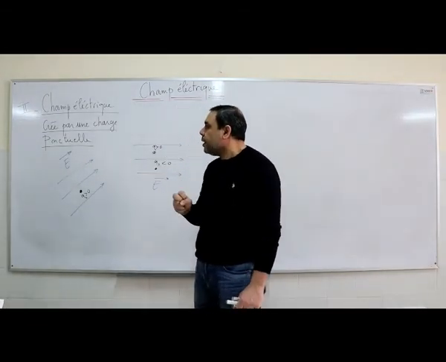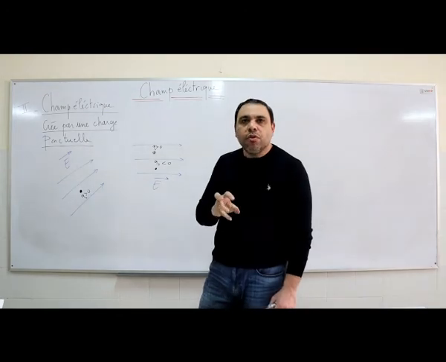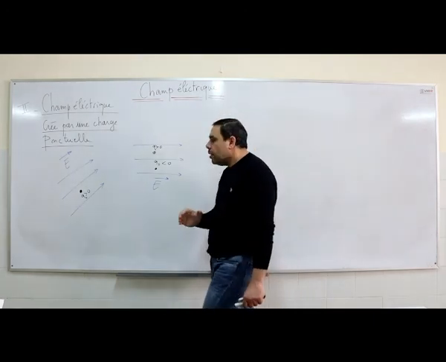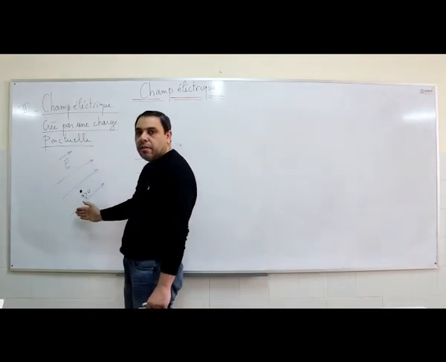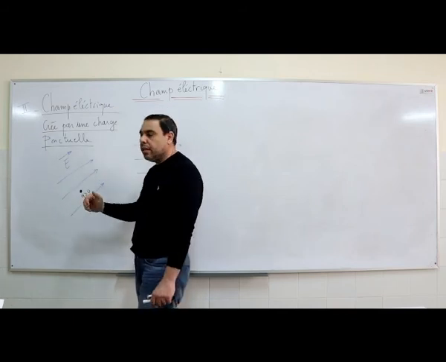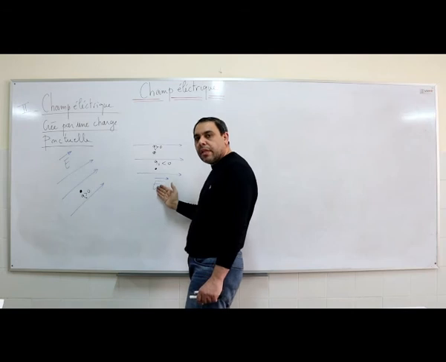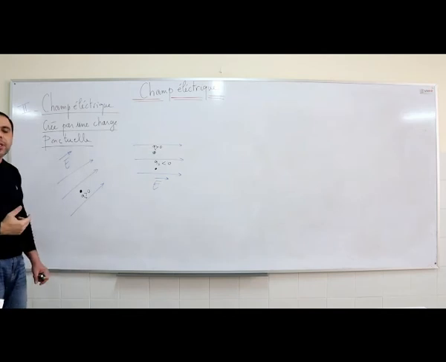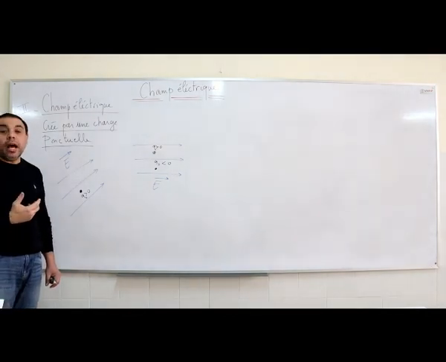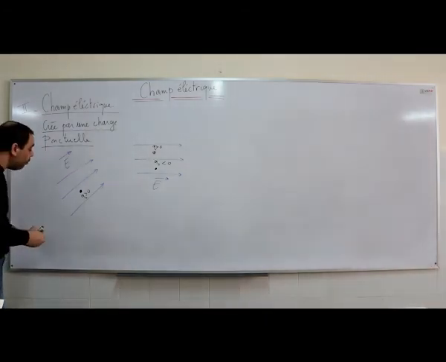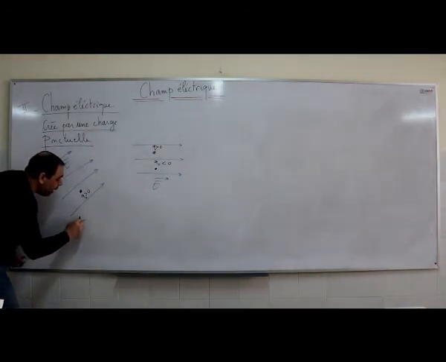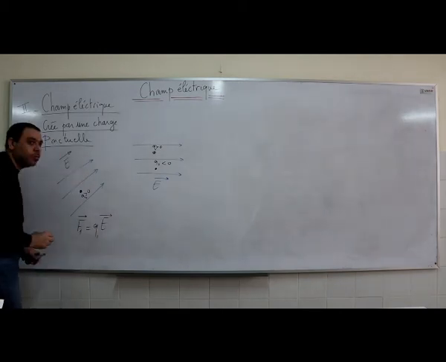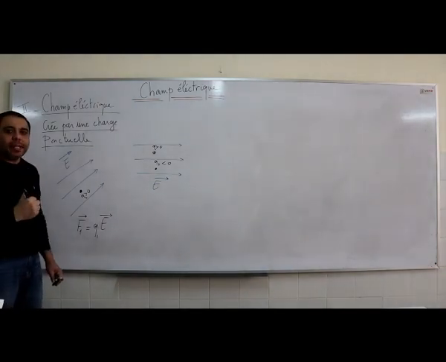Now, in this paragraph, we're going to talk about the electric field created by a punctual charge. Here we have a region where we have an electric field E. Here's another region where we have another electric field E in a different direction. When placing in this field a point charge Q1, which is positive, then it is subjected to an electric force F1, which is equal to Q1 multiplied by E, as in the previous paragraph.